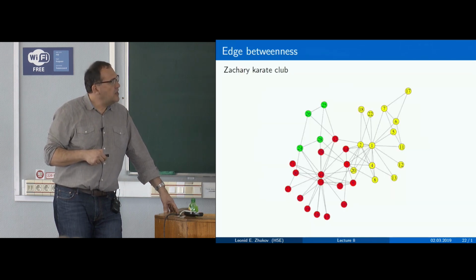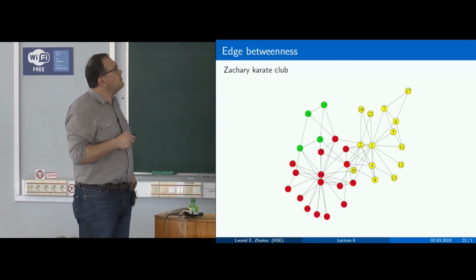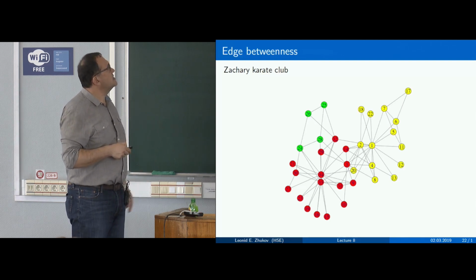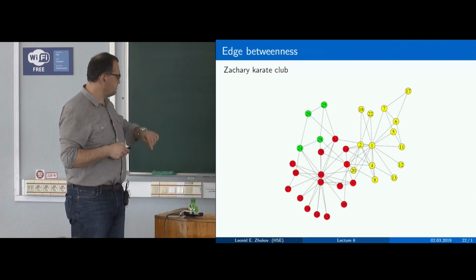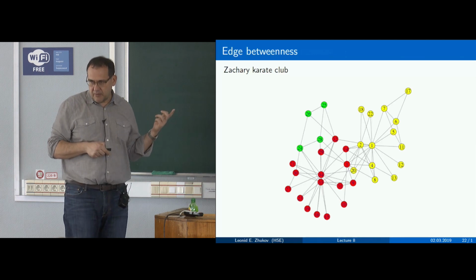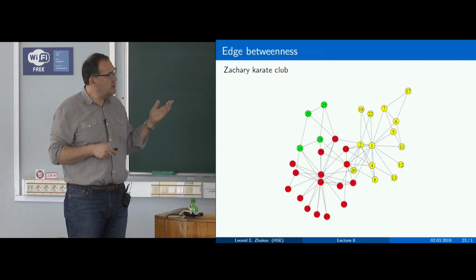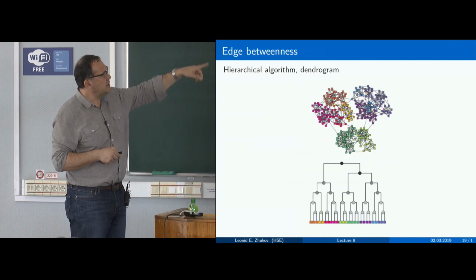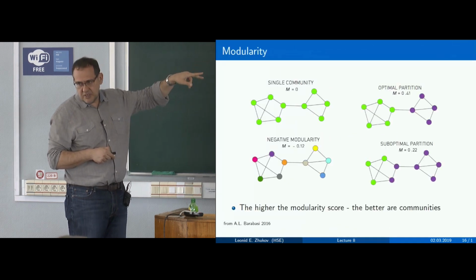You can also monitor modularity, and that's what we're going to do right now. Let me show you this on the karate club graph. If we start with this Zachary karate club, this is split number 1, right? It cuts out a bunch of edges. I don't show the edges that are being removed, but I just color code communities.